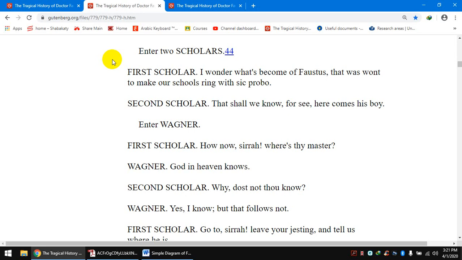The use of comedy in Dr. Faustus has a function, and the function here is the reduction of the tension of the audience.